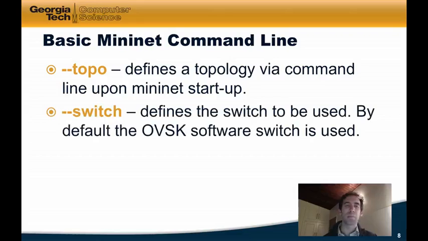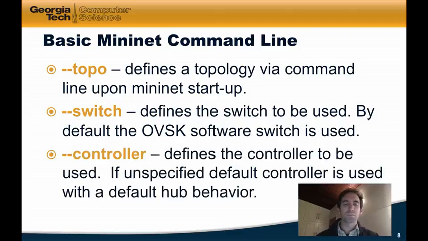The switch command line option defines the switch that you'll use in that topology. So by default, the Open vSwitch software is used, but you can define other switches. Finally, you can use the controller option to define the controller that you want to use. If this option is unspecified, then Mininet uses the default controller with a default hub-like behavior.